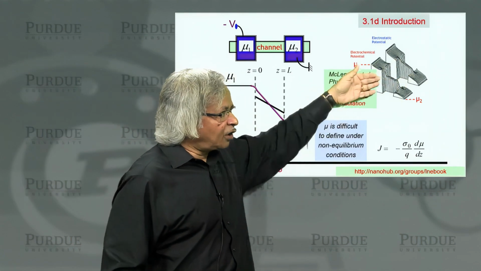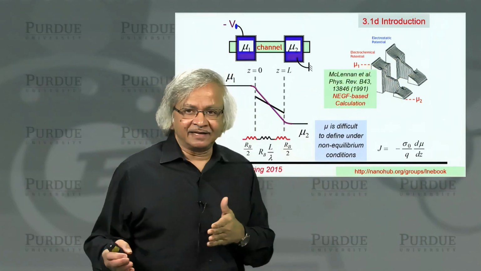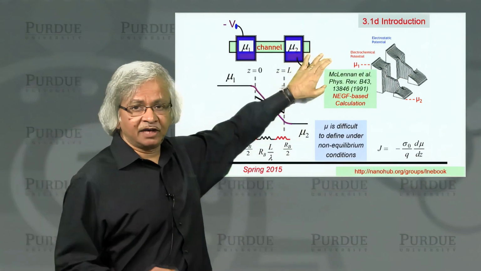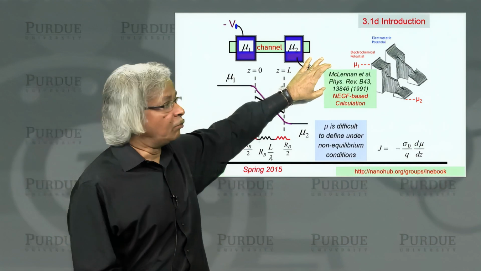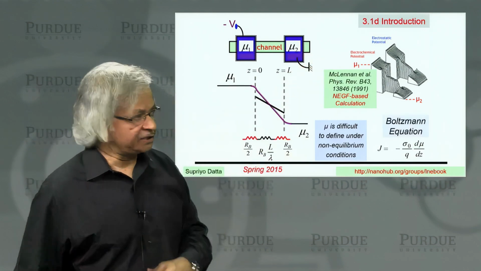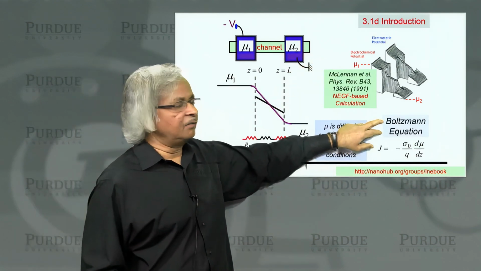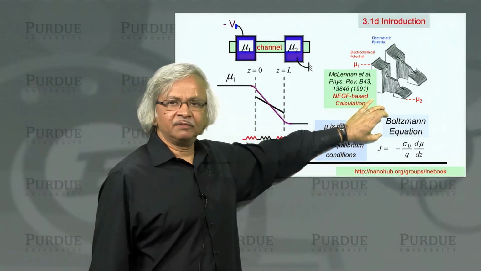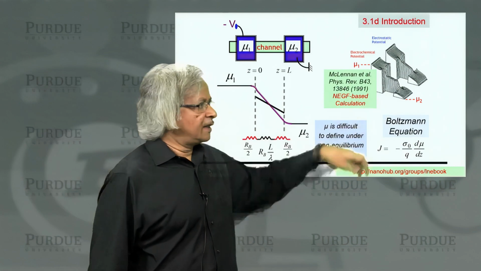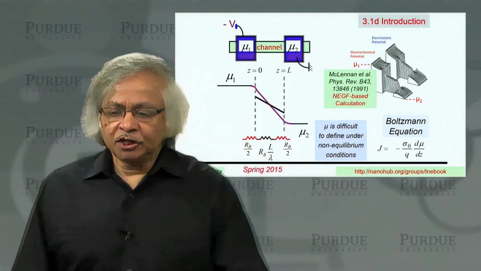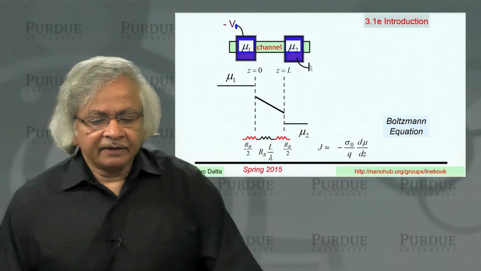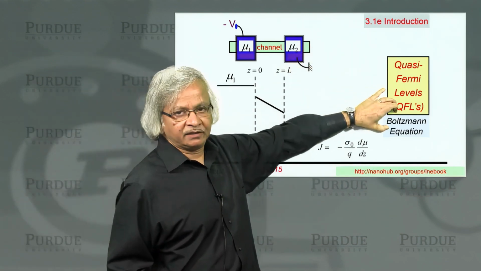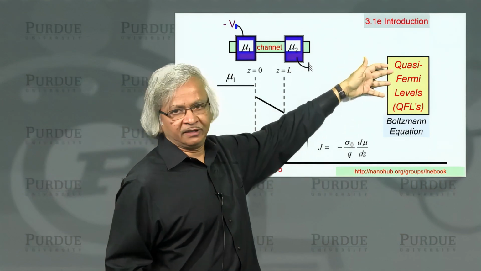Now, of course, to talk about electrochemical potential inside, you have to be careful on how you define it. And in this paper that was done based on quantum transport. What we'll do in the course of these lectures is talk about how you define it in the semi-classical context in terms of the Boltzmann equation. And what we'll show then is that this will introduce, using the Boltzmann equation, this whole concept of quasi-Fermi levels.